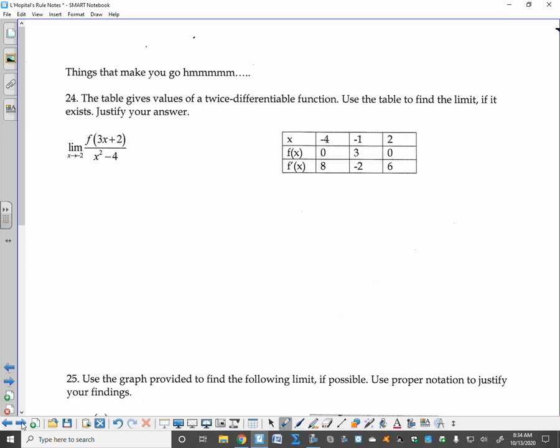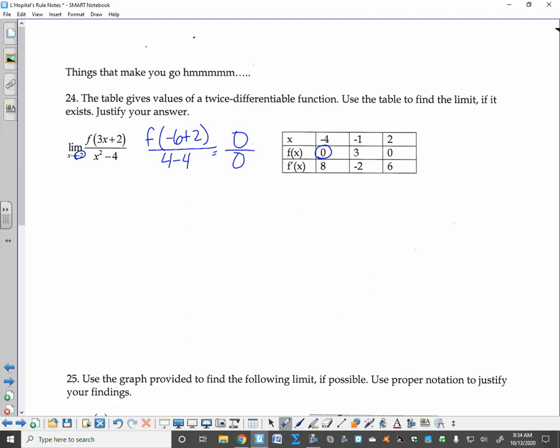So f of, let's see, I'm headed to -2. So f of, that'd be -6 plus 2 over -2 squared be 4 minus 4. So there's a 0 on the bottom. And this would be f of -4, and f of -4 is 0. So we have indeterminate form.